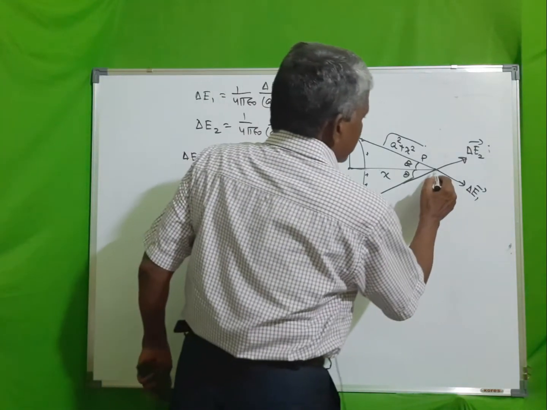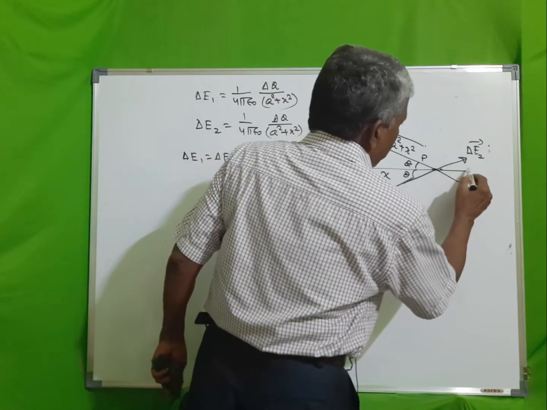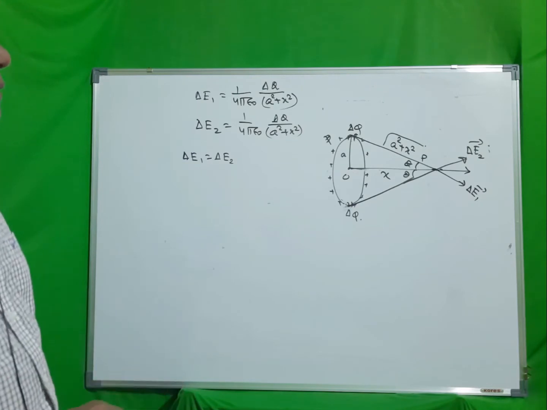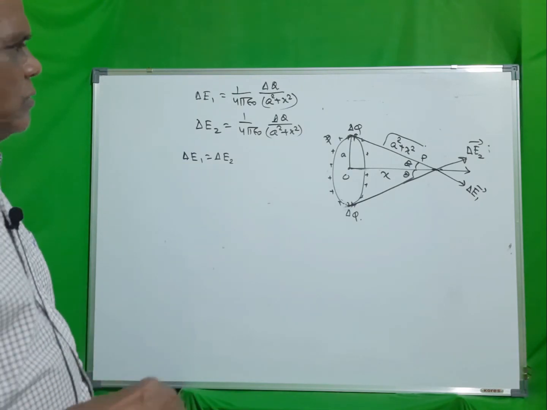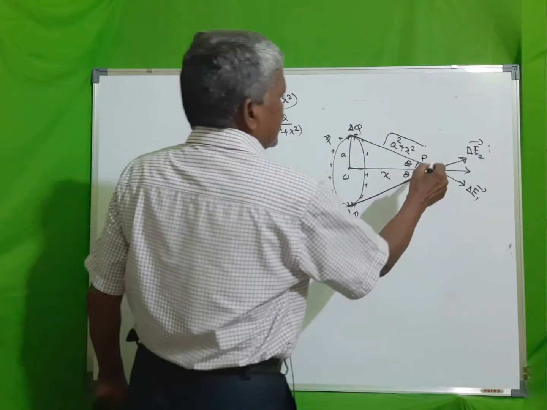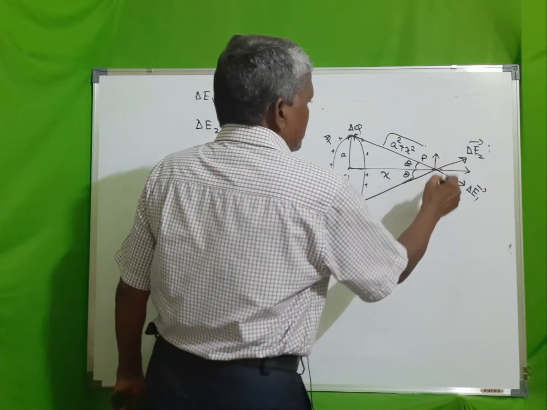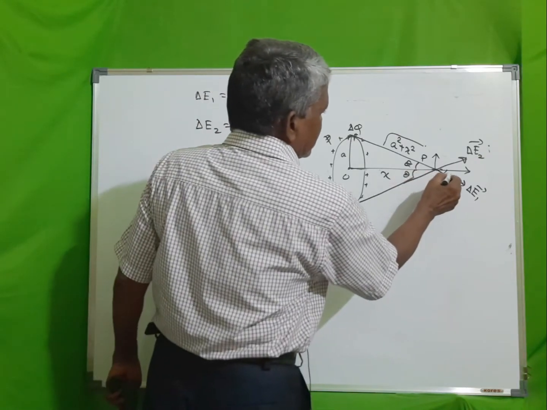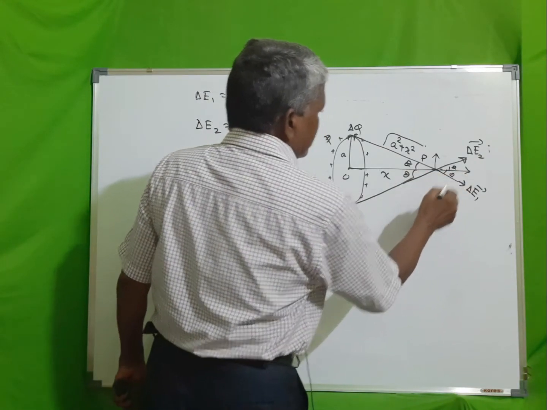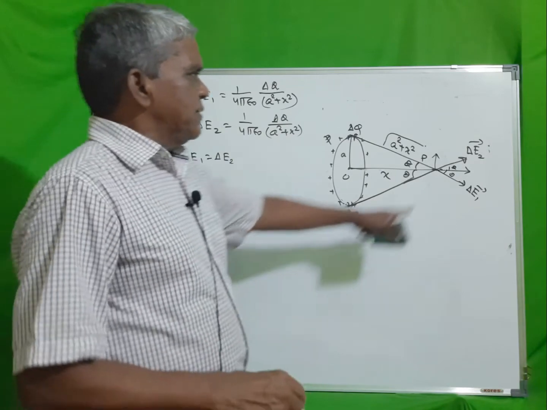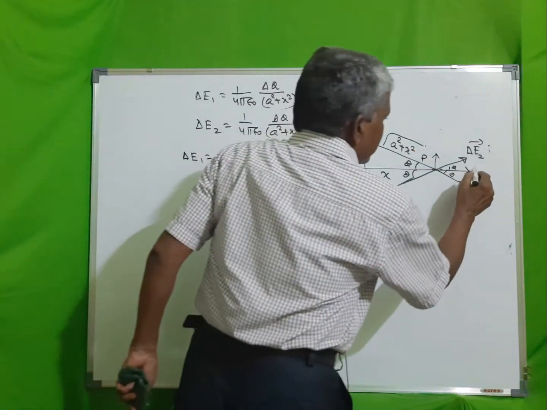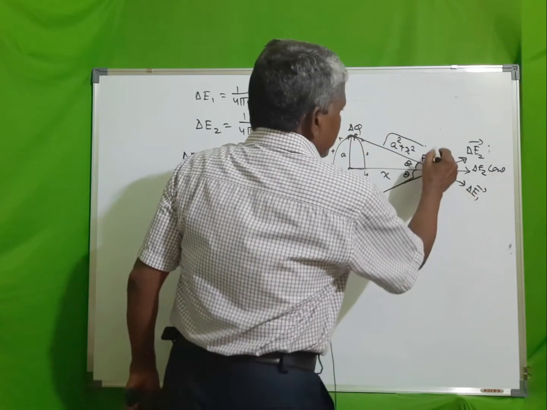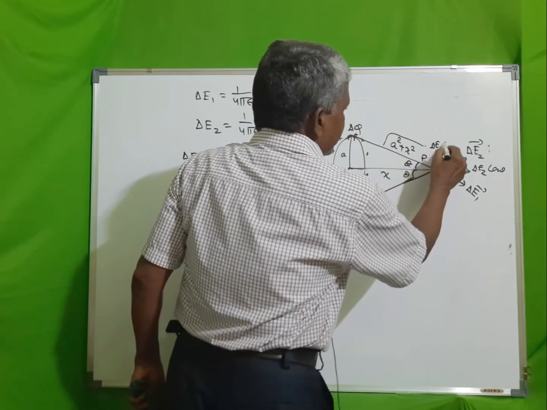Here, the two vectors delta E1 and delta E2 can be resolved into their rectangular components. So for delta E2, this is theta, this is also theta. For this delta E2, this is delta E2 cos theta, and this is delta E2 sin theta.